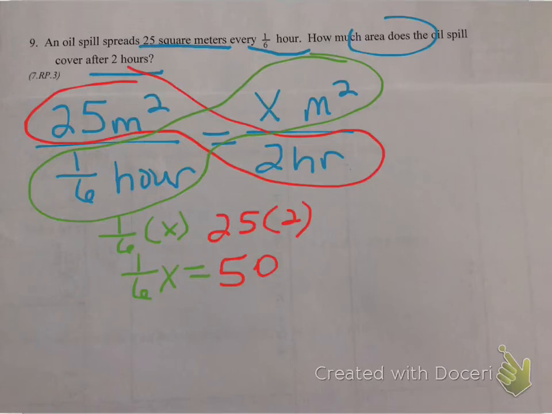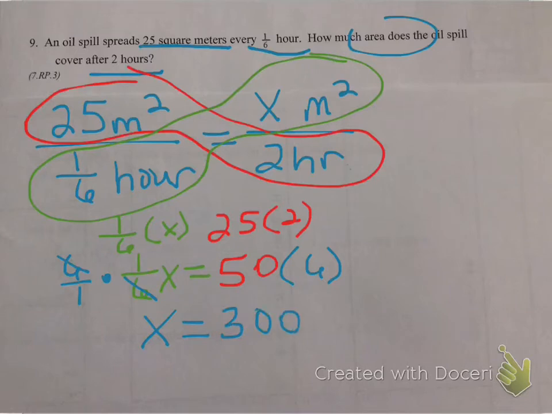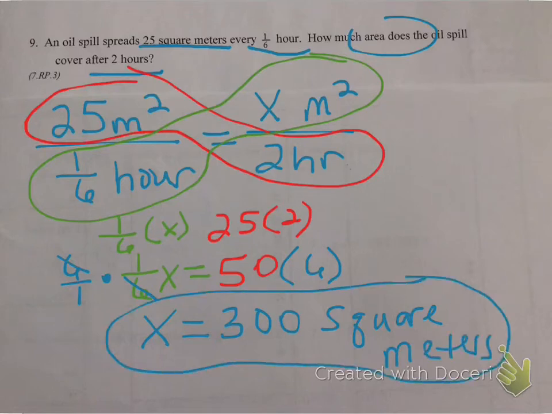I am going to multiply by the reciprocal of 6/1 on both sides. So it cancels out. I'm left with x equals 50 times 6 is 300 square meters. Or you could say meters squared. Either one is fine. Okay, again, if you solve that a little bit differently, that would be okay.